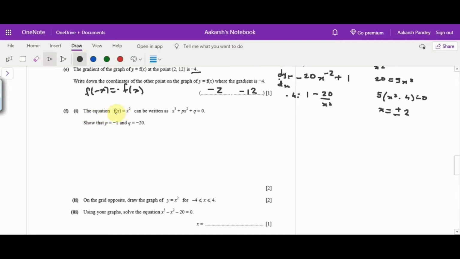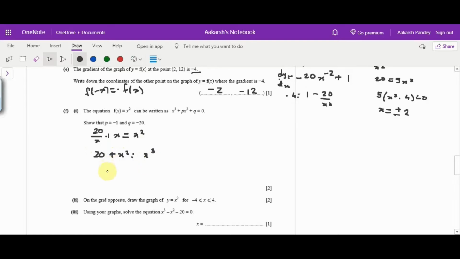Now the equation f of x equal to x square can be written something like this. So my f of x is 20 by x plus x, that is equal to x square. What I'll do now is multiply the whole thing on the LHS as well as the RHS by x. So I get 20 plus x square equals x cube.